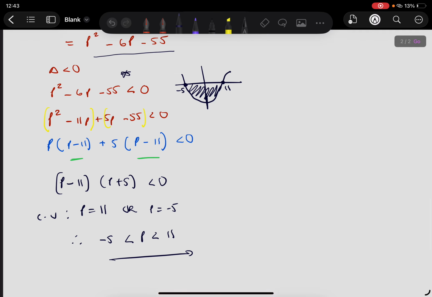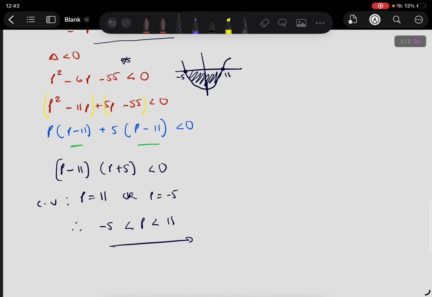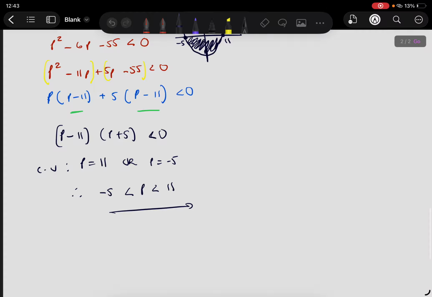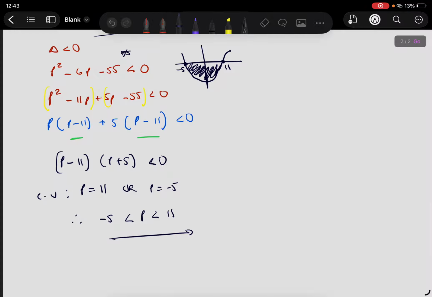Now, if you draw a rough sketch, because your p squared is a positive p squared, which means your a is positive, therefore your graph is upward facing. Then we looked for those parts where the graph is less than 0 or negative, and we saw it's between the two roots, negative 5 and 11. Hence your final answer is p is between negative 5 and 11. That will make the roots non-real.